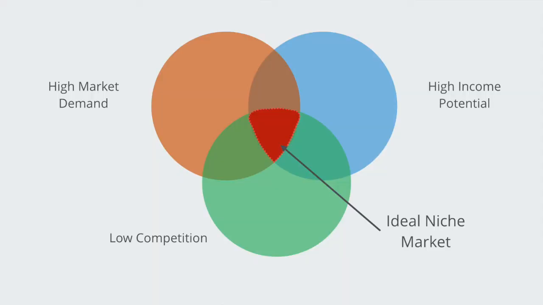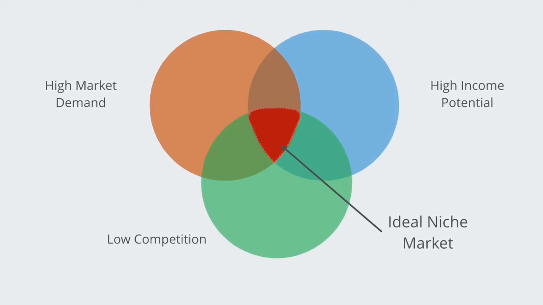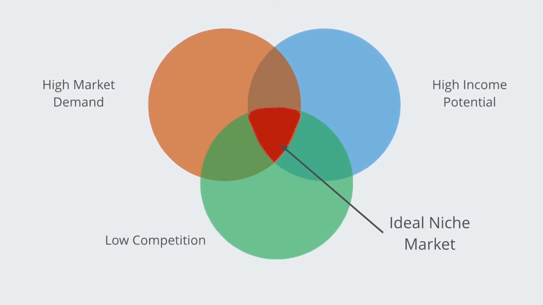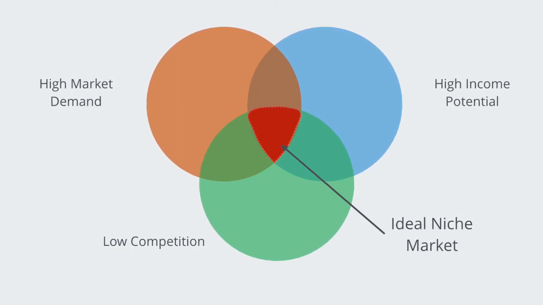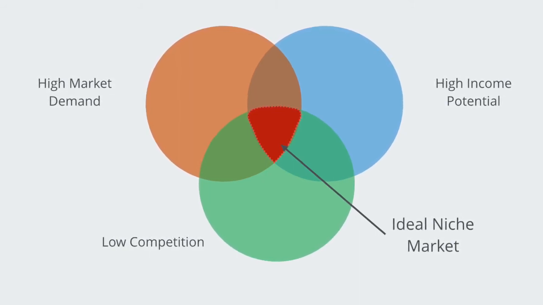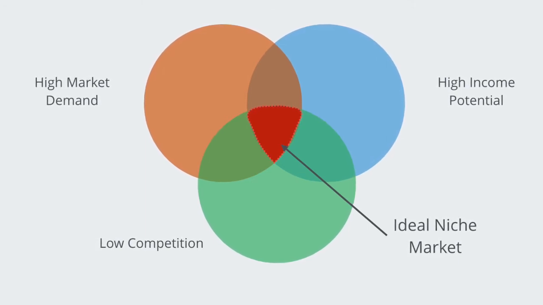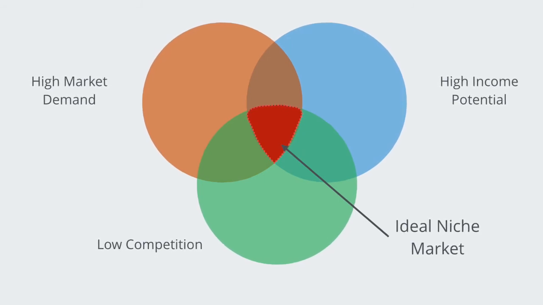The ideal niche market is the perfect intersect of three things: high market demand, low competition, and high income potential. So before you confirm a niche, make sure that there are at least 20,000 monthly keyword searches in total for that niche, in total for all the keywords that you have got using the keyword tool. And also make sure that there are not too many established sites as your competition.